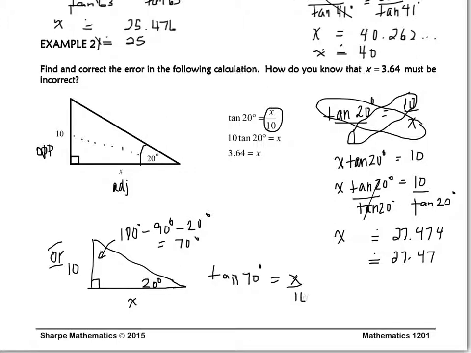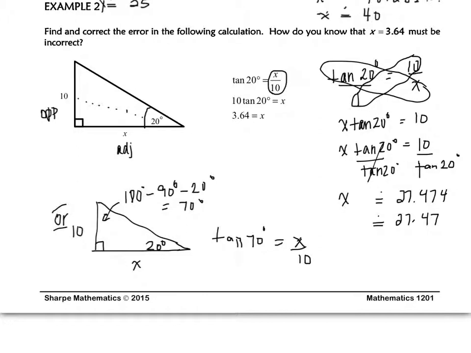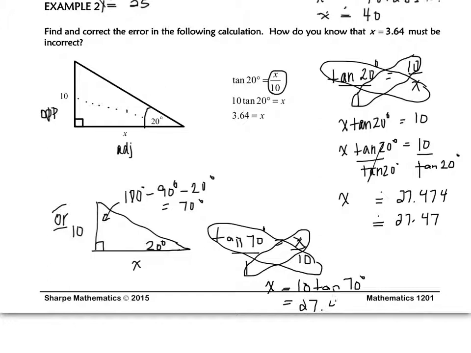Then the x would be in the top, and just cross multiplying, you would get x is 10 times tan of 70, which should give you the same answer as doing it the way we just finished doing it, because they're both representing the same side. So tan of 70 times your 10, which still gives you 27.47. Okay, so either one of those would be okay for that.